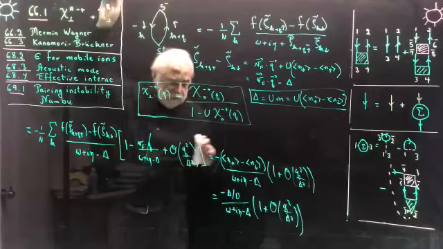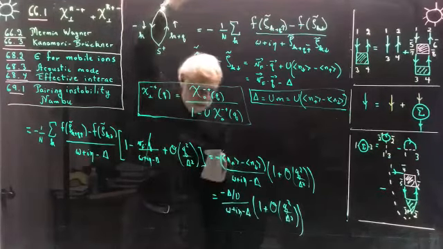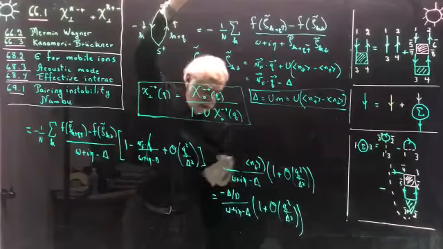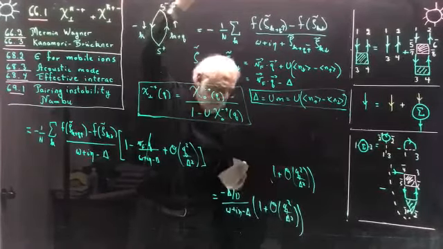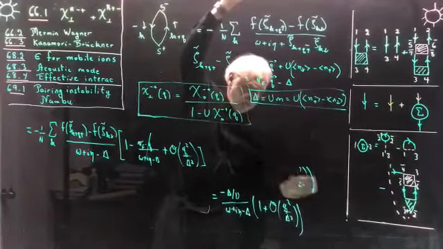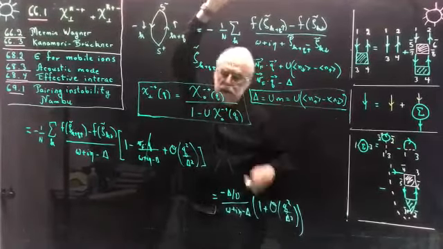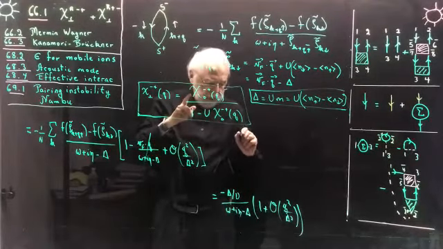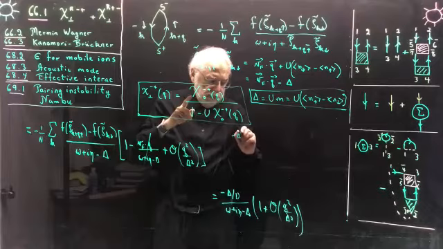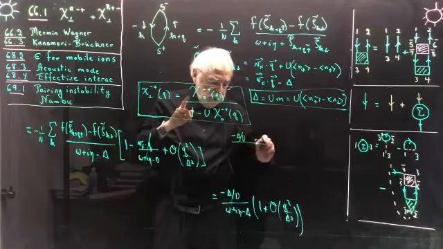So this is minus delta over U divided by omega plus i eta minus delta.